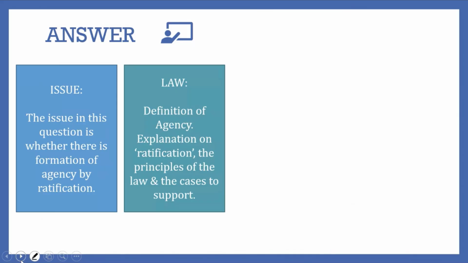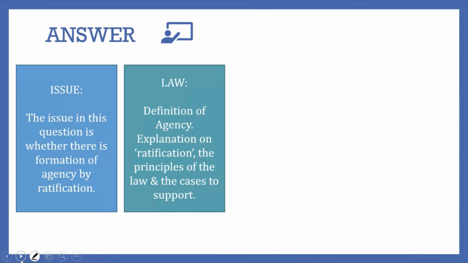Always start with the definition. What definition? It depends on the question. Since this question is regarding agency, obviously you will have to start with the definition of agency. Section 135 of the Contracts Act defines agency as a contractual relationship between the agent and the principal, whereby the agent represents the principal in dealings with a third party.